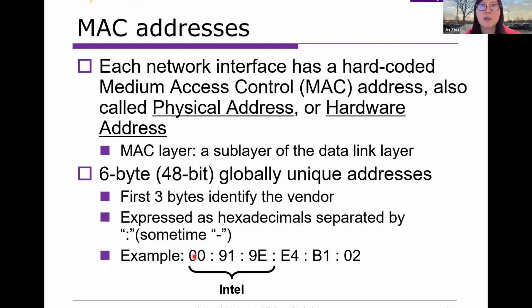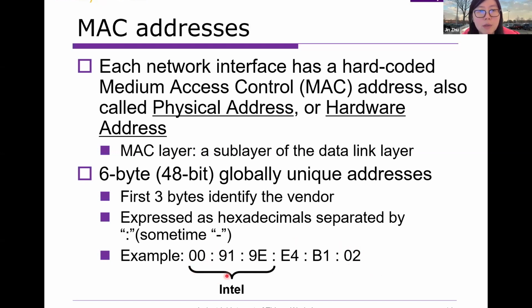The MAC address works at what we can consider the data link layer, or the second layer. The MAC address has 6 bytes or 48 bits, and is typically written as hexadecimal numbers separated by colons, sometimes also by dashes.